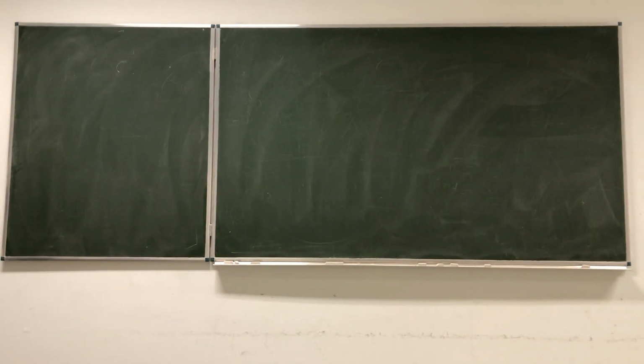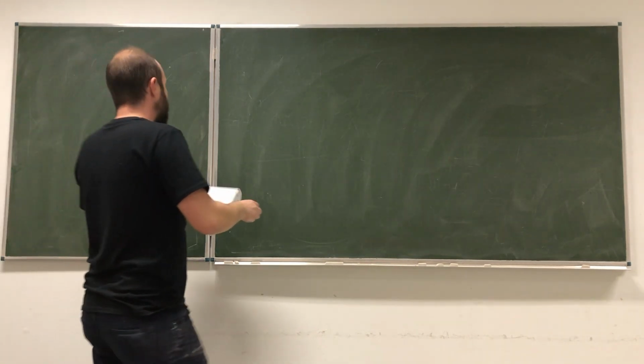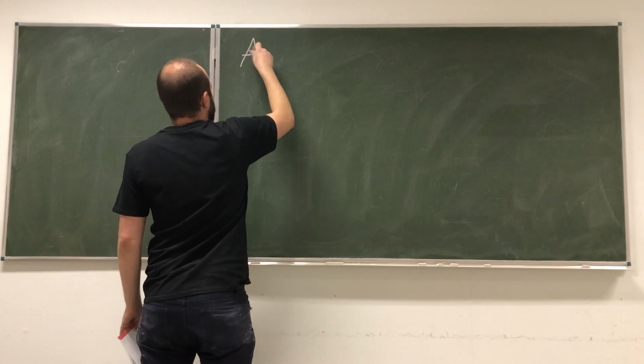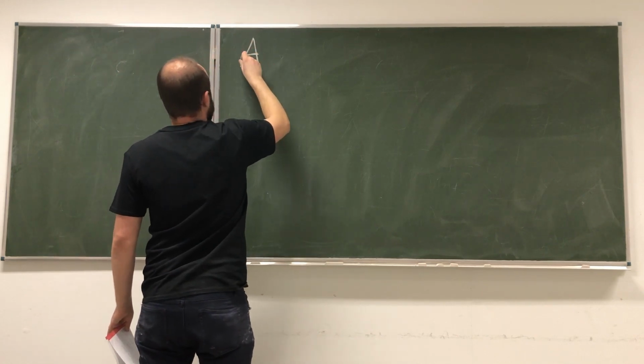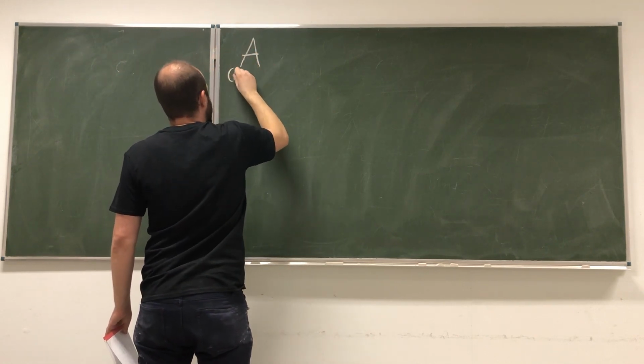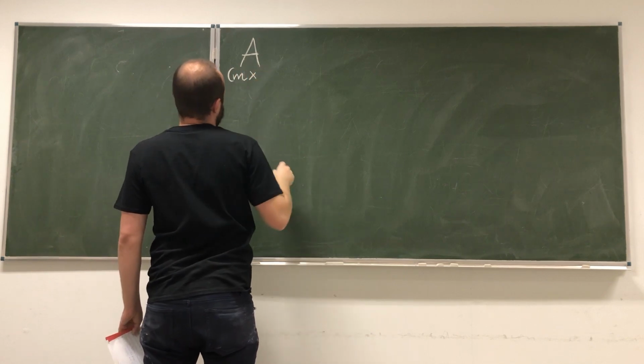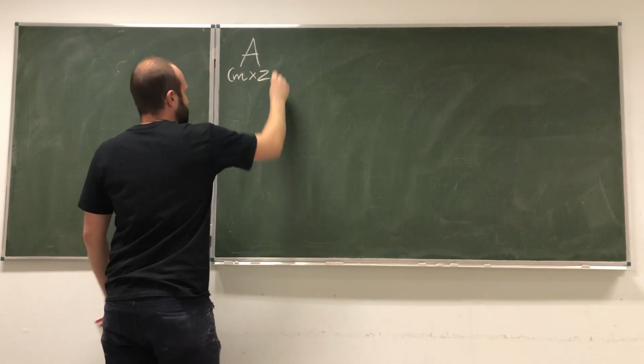Okay, so first, let's just say that we have matrix A with the dimension m by, let's say, z.